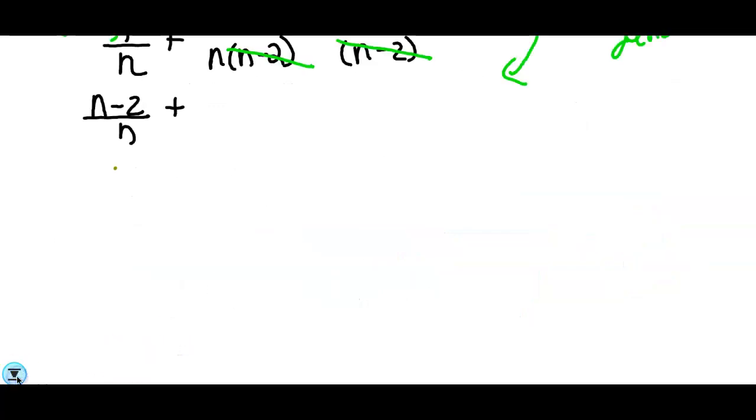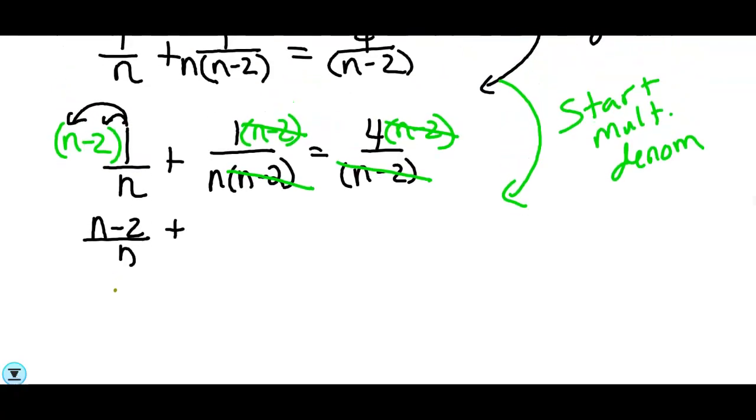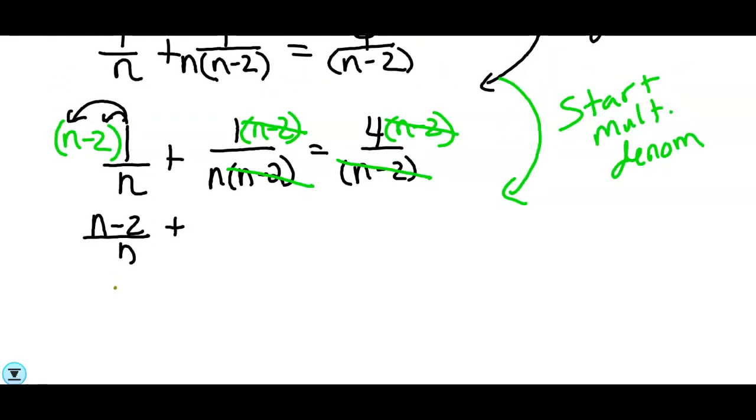I guess I should scroll down a little bit. Okay, so notice that it's a little bit simpler looking now, right? The 4 is no longer a fraction. The one in the middle here is a little bit cleaner. The one on the left here is still a fraction, though.